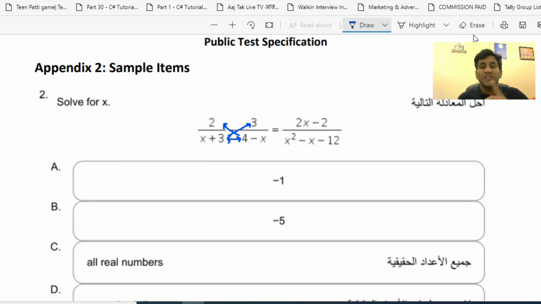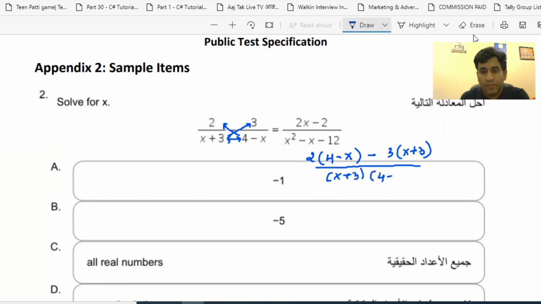Then only it makes a common denominator. So I can write this expression as 2 times 4 minus x, minus sign, 3 times x plus 3, divided by x plus 3 times 4 minus x, and the right side is as it is.